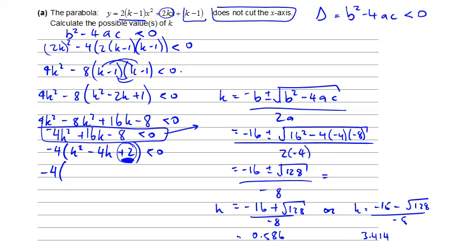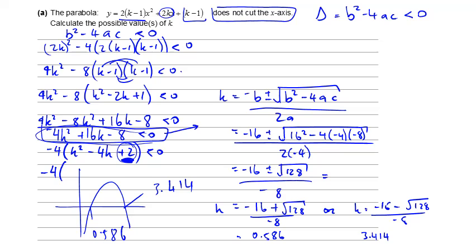But because there's no roots, I'm getting a little bit confused. So if I was to pretend to draw this graph, it would look like that, and it has roots at 0.586 and 3.414.